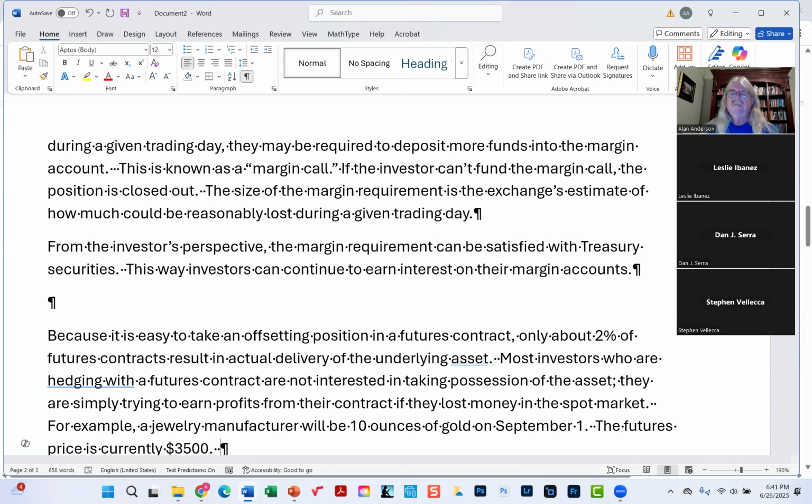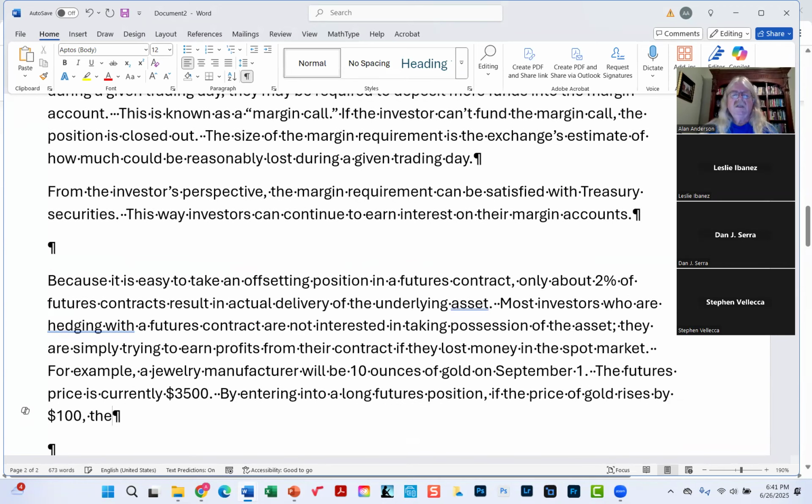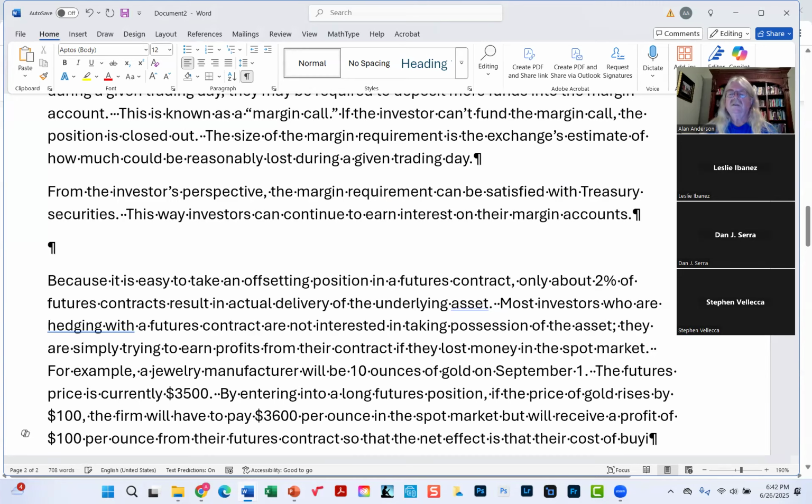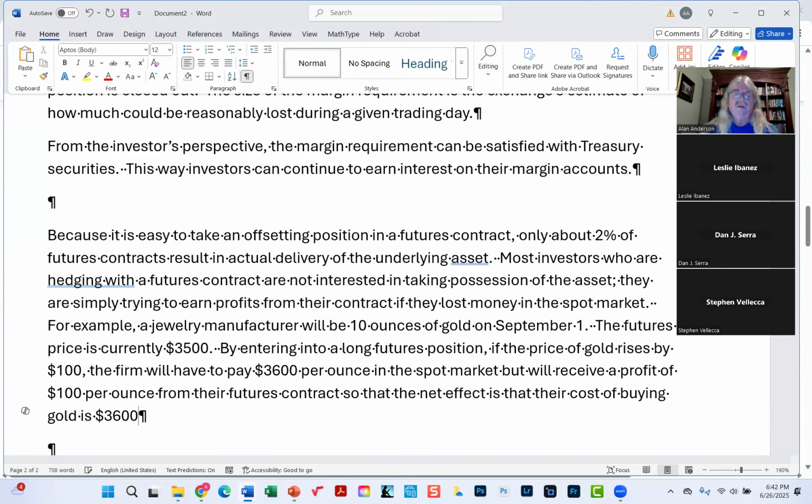So by entering into a long futures position, if the price of gold rises by, let's say, $100, the firm will have to pay $3,600 per ounce in the spot market, but will receive a profit of $100 per ounce from their futures contract, so that the net effect is that their cost of buying gold is $3,500.